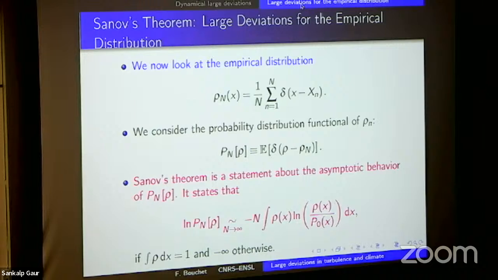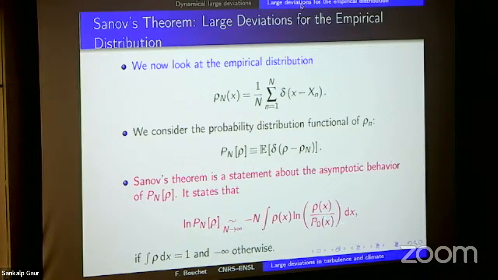And this rate function, when you look at it, it's rho log of rho. So that's why you have rho log of rho everywhere in physics and in many other applications, in information theory and so on. And here it's rho log of rho divided by P naught, where P naught is the reference measure. And in this case, the reference measure is the probability density distribution for the xn.